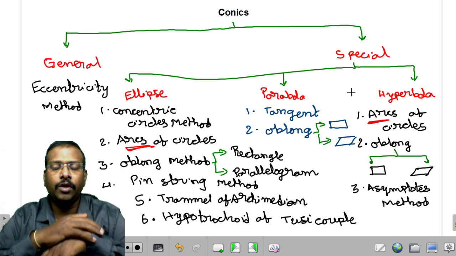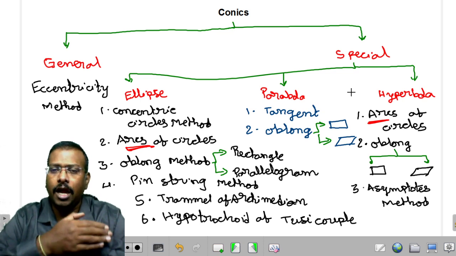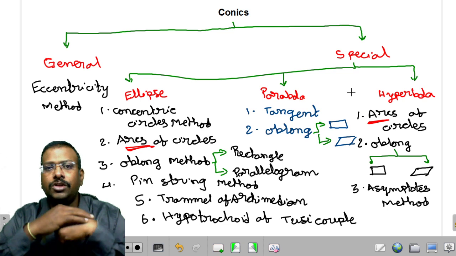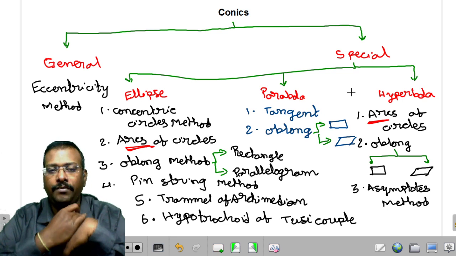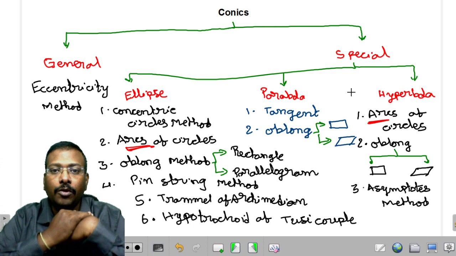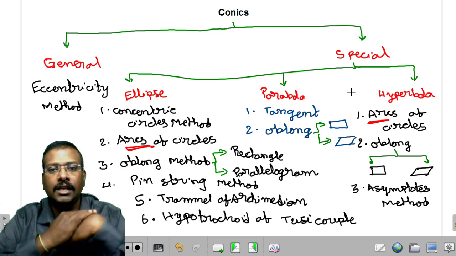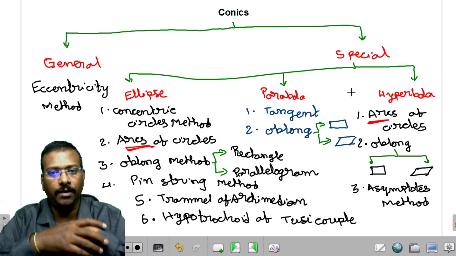You may have a doubt: the oblong method is there in ellipse, parabola and hyperbola, so why is it not considered a general method? The reason is that we don't consider it general by name. Depending upon the procedure, we take it as a common method, or if it is different for different conics.